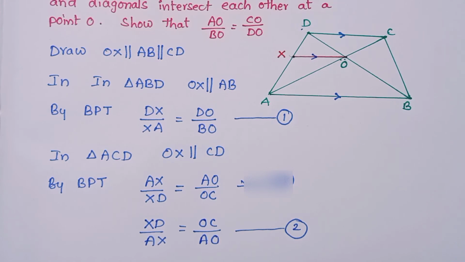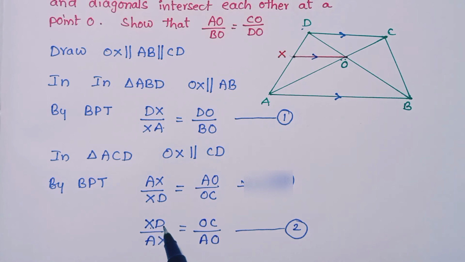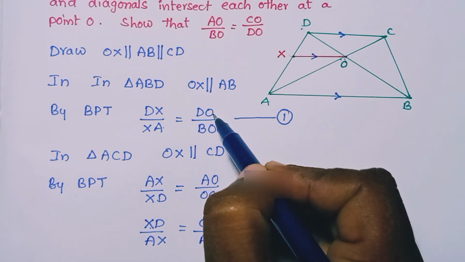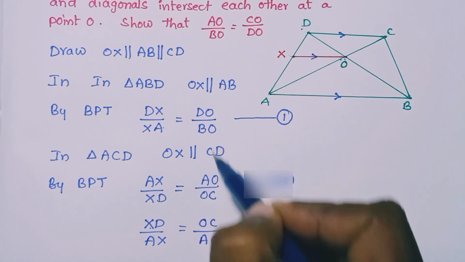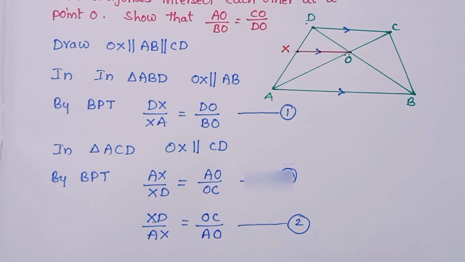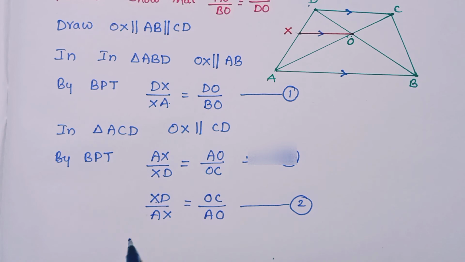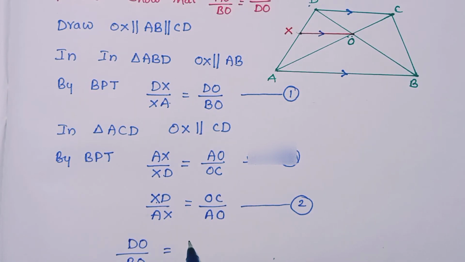Now dear students, here this is DX by XA and this is XD by AX. Both are same, so we can equate DO by BO is equal to OC by OA. Then from equation number 1 and 2, we can write DO by BO is equal to CO by AO.